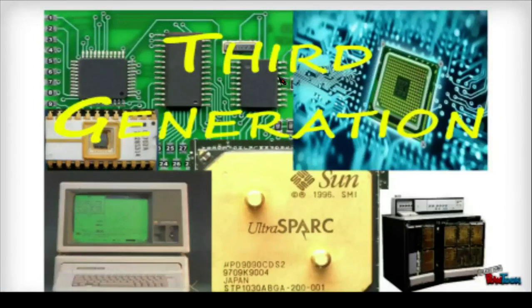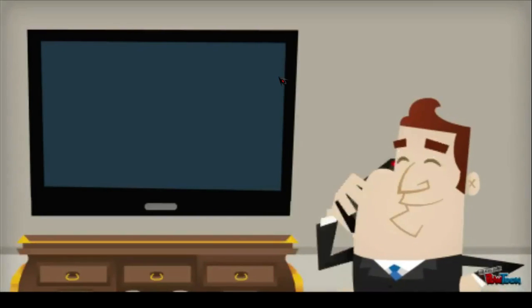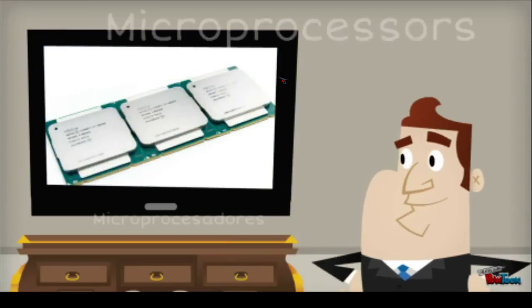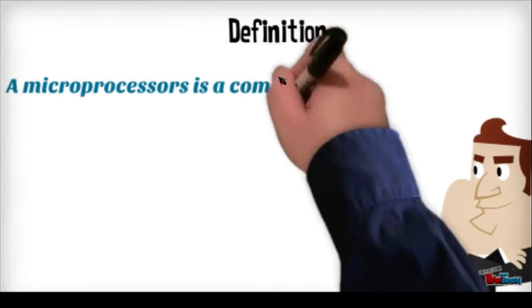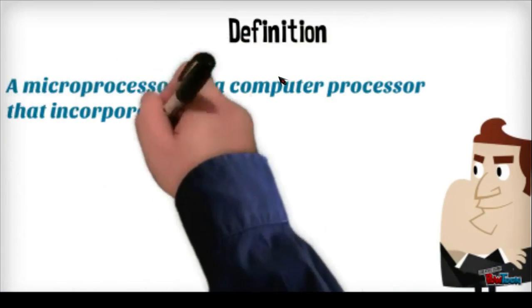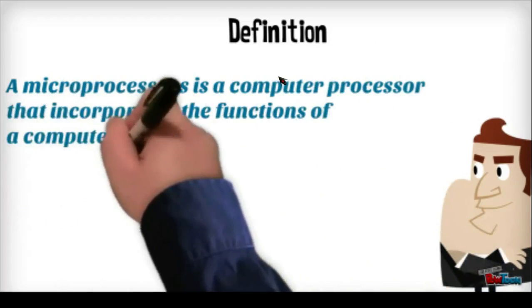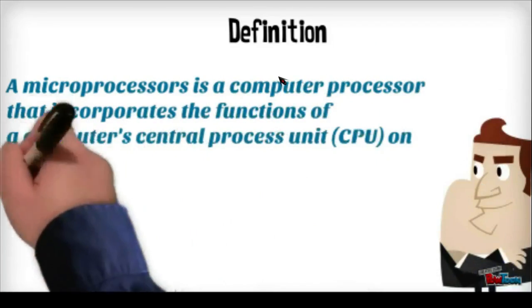Third generation. Microprocessors. A microprocessor is a computer processor that incorporates the functions of a computer's central processing unit on a single integrated circuit, or at most a few.